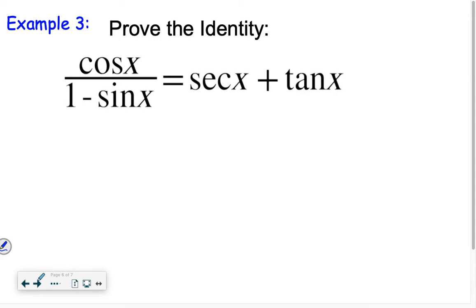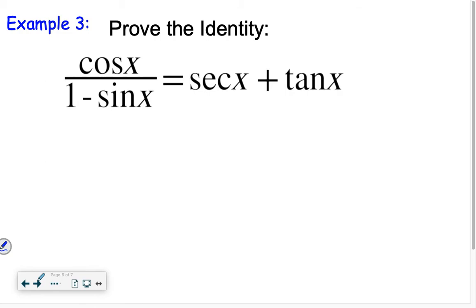Okay, sorry about that. So we're going to use an idea that you guys discussed in geometry, and that's using conjugates. Okay, so if we look, 1 minus sine of x is very close to 1 plus sine of x, but we can't simplify that any.